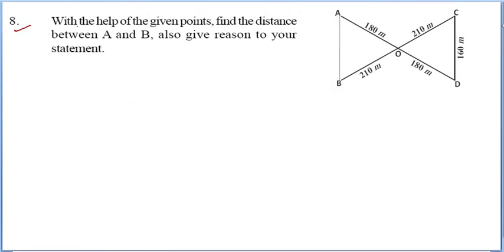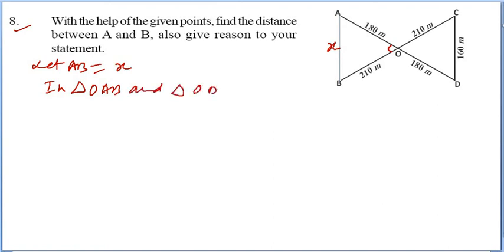Now come to the eighth question. With the help of the given points, find the distance between A and B. We have to find the distance between AB. Let AB be equal to x. You can see here it is 180, and in triangle OAB and triangle ODC, AO is equal to OD is equal to 180 meter.